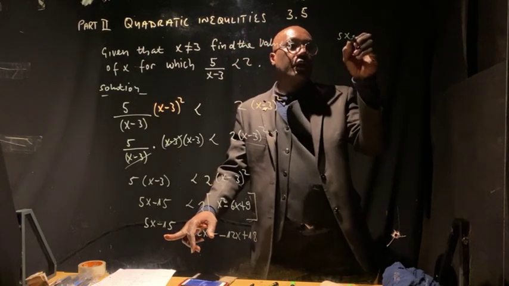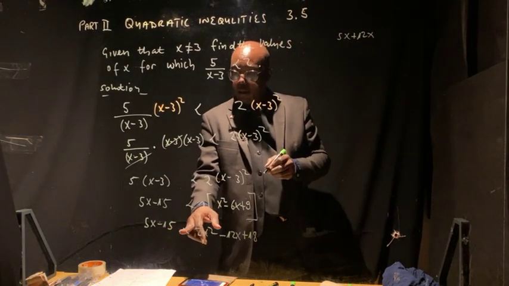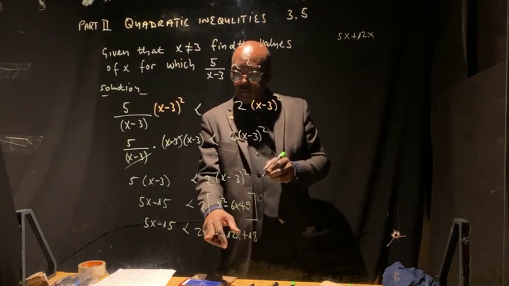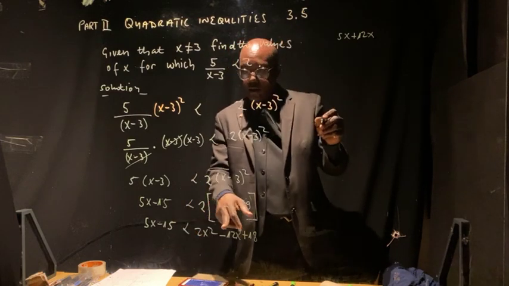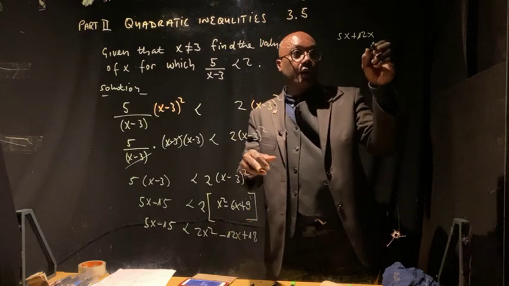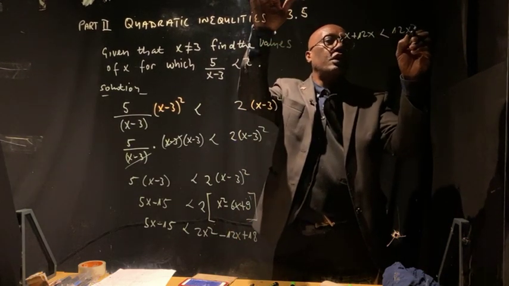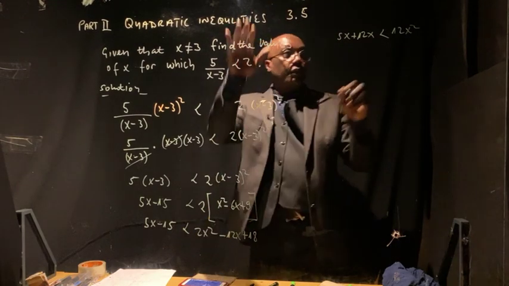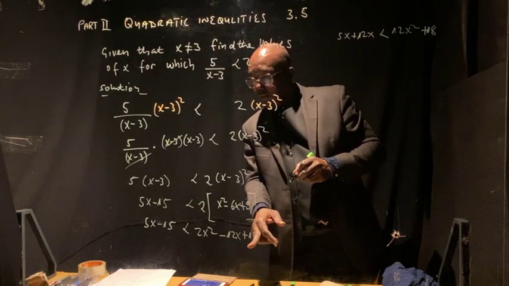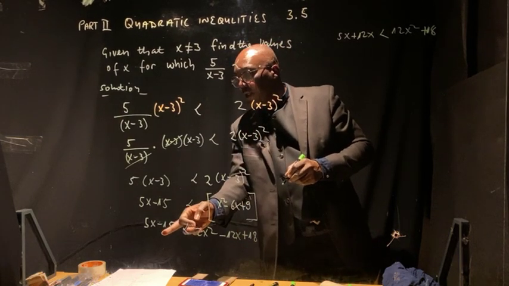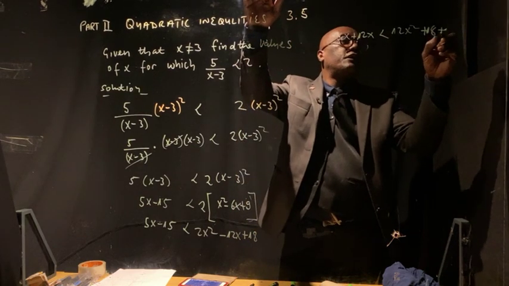It becomes plus 12x, less than 12x squared plus 18, which is that one, and we bring the 15 to this side to become plus 15.